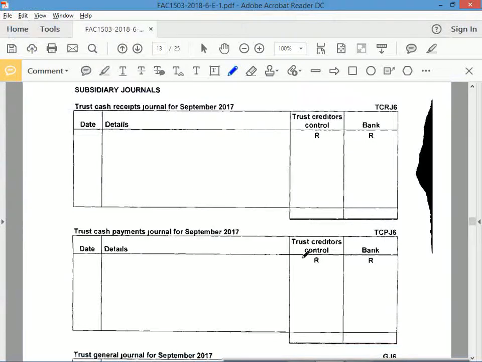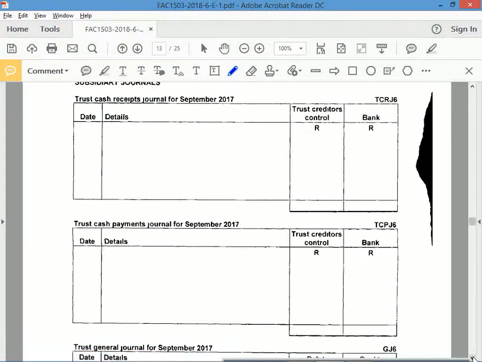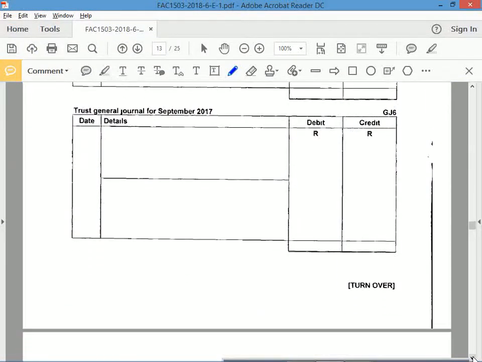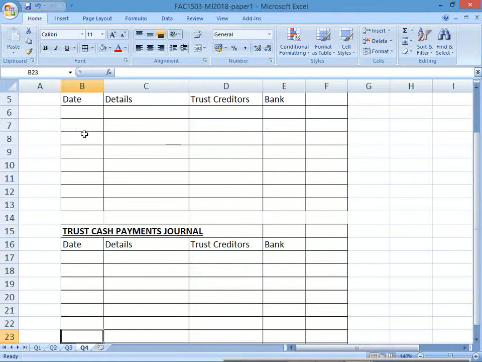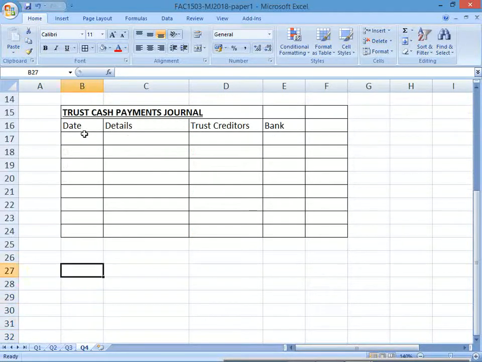Great, that's the first two, and the last one was a trust general journal. Trust general journal for September. That requires a debit column and a credit column. That's it. Let's do it here.